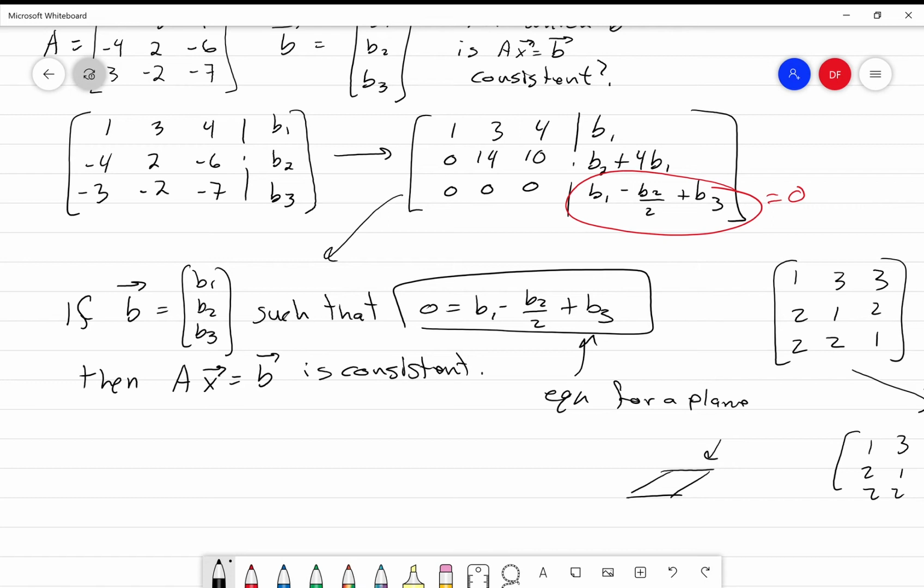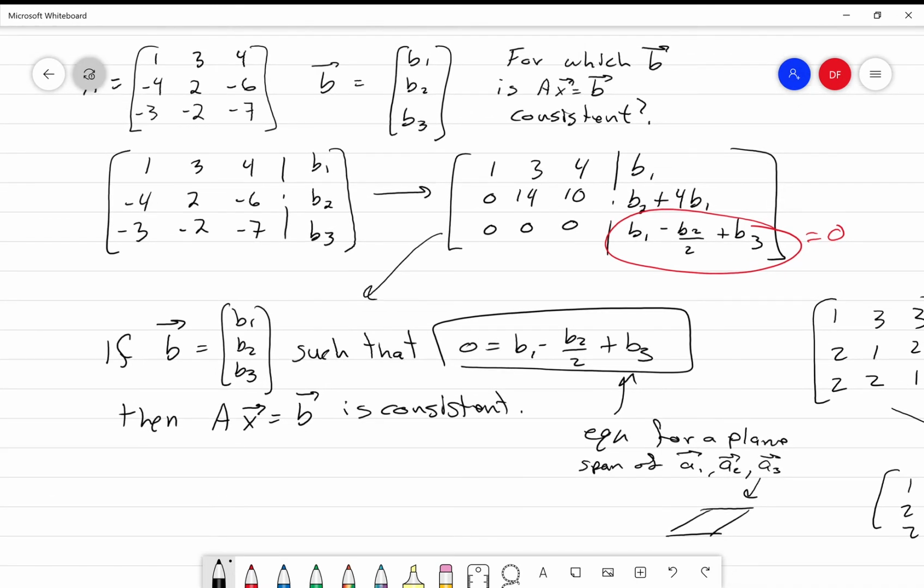Okay, and it's the equation for the plane through the origin, and it is the span of A1, A2, A3. And remember, this is A1, this is A2, this is A3.